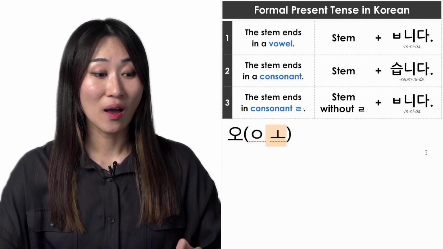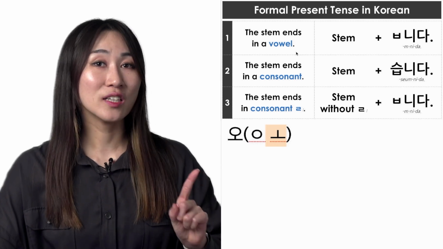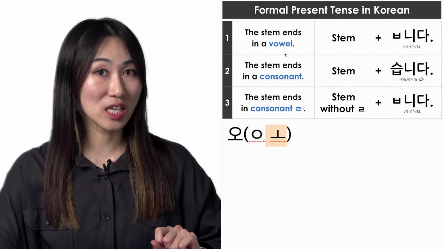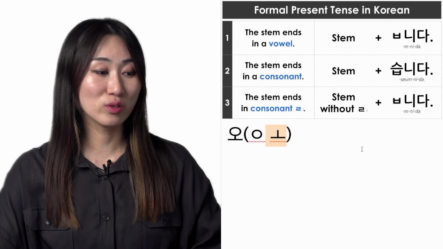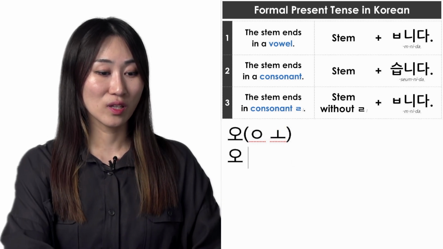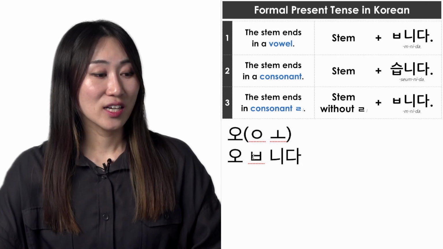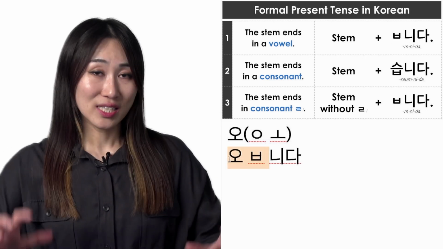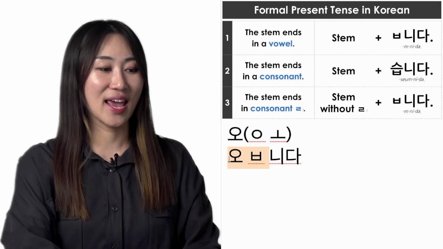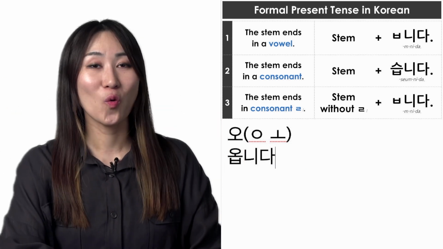It ends with a vowel sound, right? If the stem ends in a vowel, then you use ㅂ니다. Do you see this? And actually, these two sounds can be combined as in 옵니다.